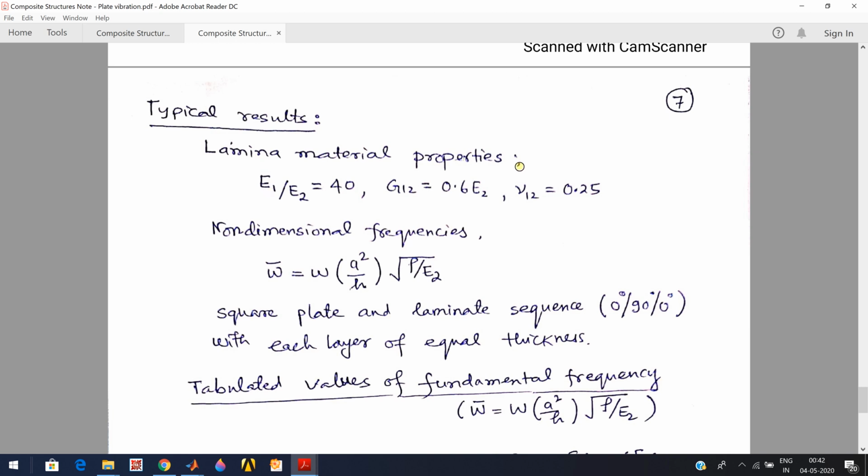Here the material properties are taken like this, then the non-dimensional frequencies are reported in this way. Omega is dimensional here, omega bar is non-dimensional, which is the dimensional frequency multiplied by a squared divided by h times square root of rho divided by E2.